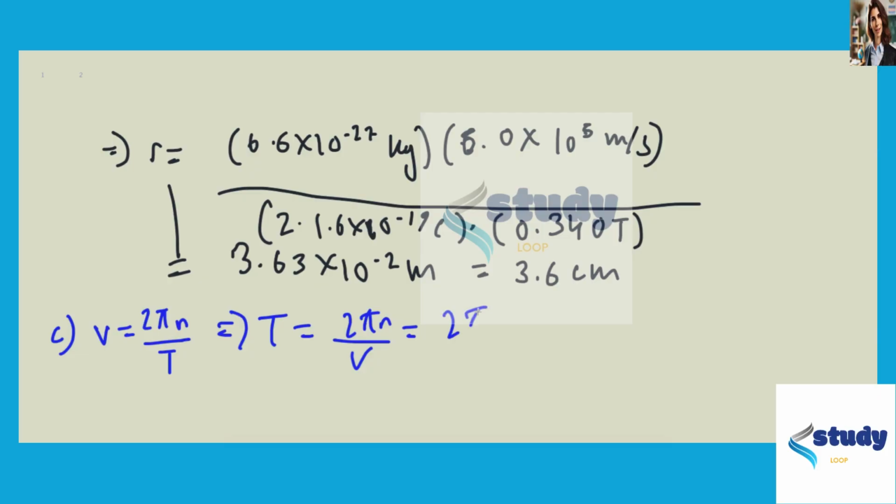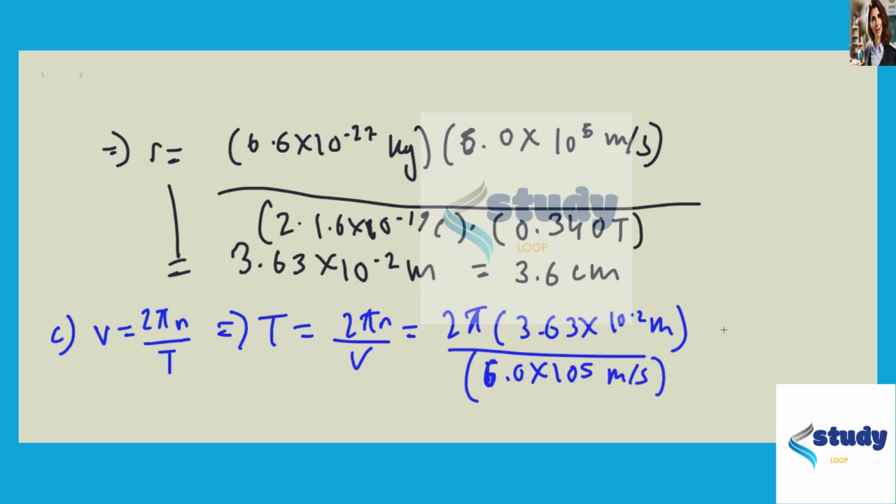So this is 2 pi times 3.63 times 10 to the negative 2 meters over velocity, which is 6.0 times 10 to the 5 meters per second. And so this gives us a time period of 3.8 times 10 to the negative 7 seconds, or 0.38 microseconds.